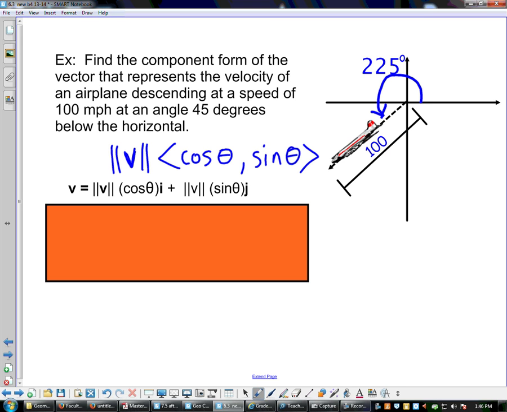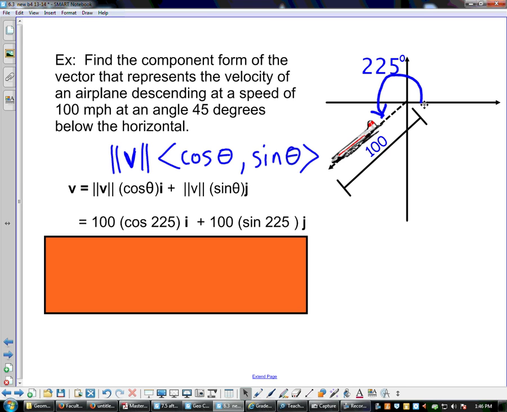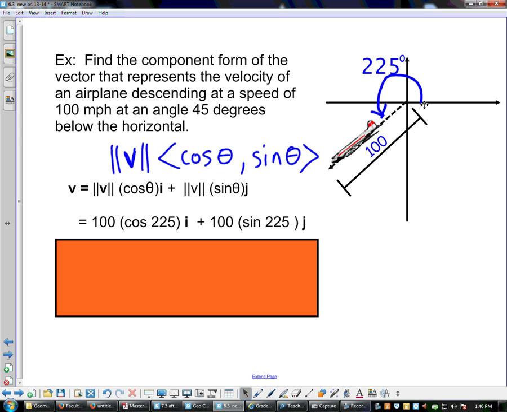In this case, the theta is 225 degrees, and the magnitude is the same as the speed of the airplane. So that's 100. So we get 100 times cosine of 225 i plus 100 sine 225 j. And these are, of course, degrees here that we're talking about.